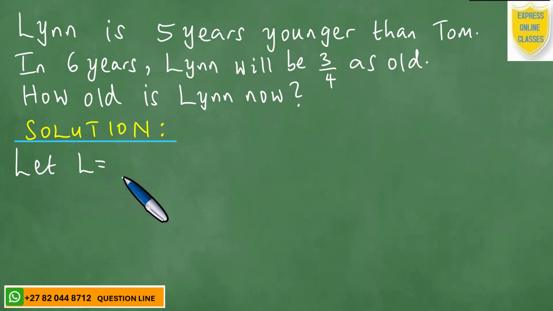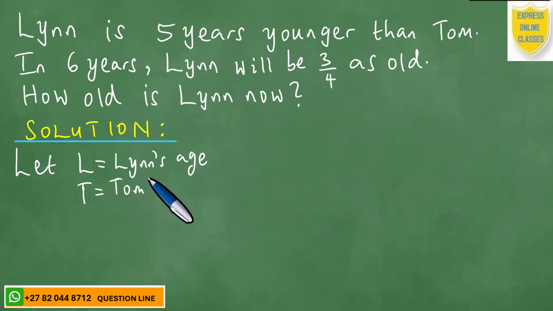We let L be equal to Lynn's age, and T be equal to Tom's age.